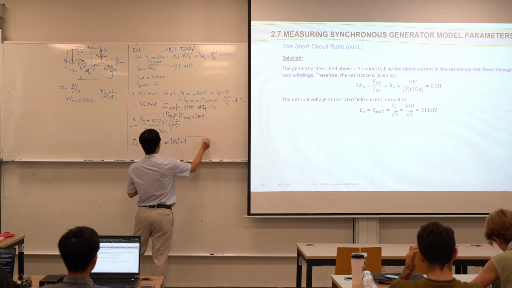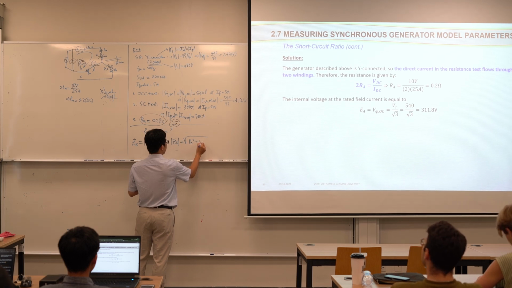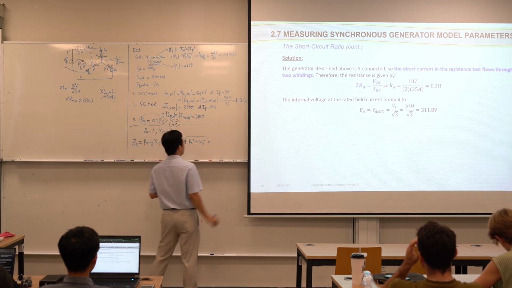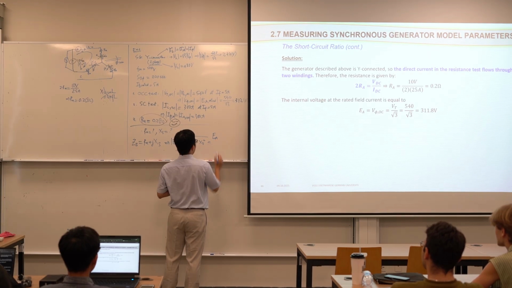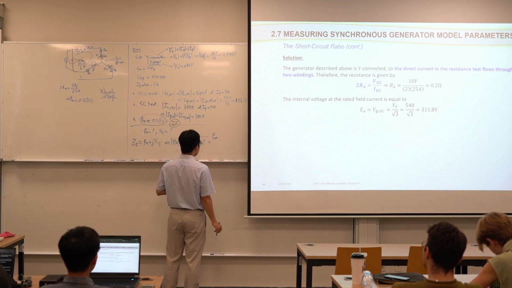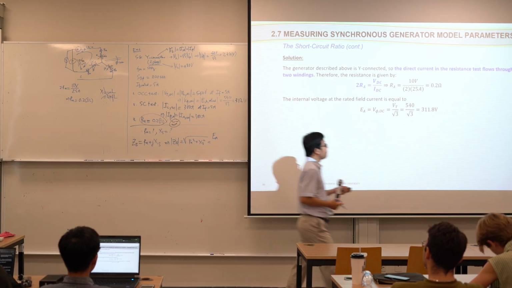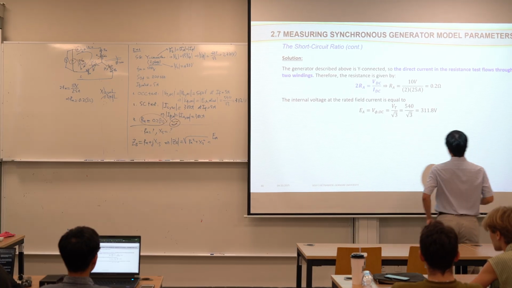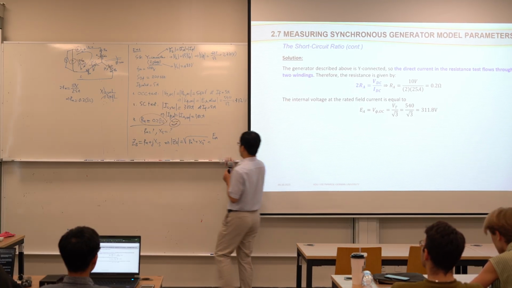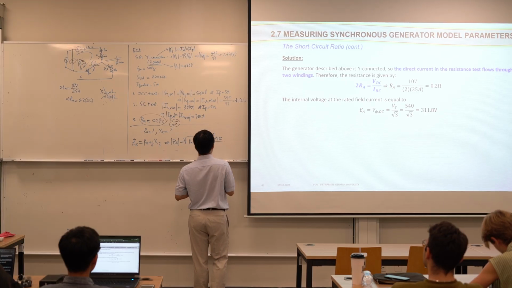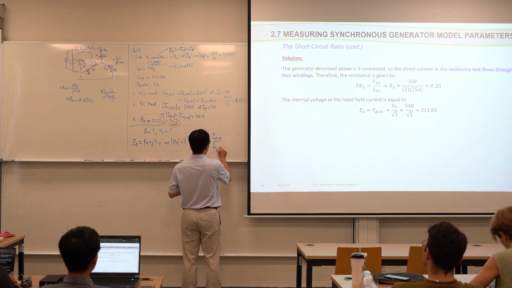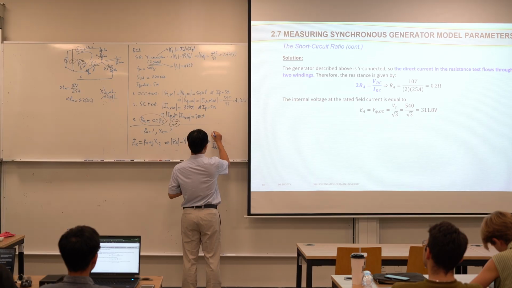The magnitude of ZS is square root of RA squared plus XS squared, equal to EA short circuit over IA rated.